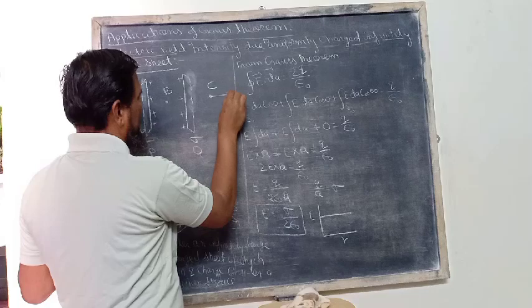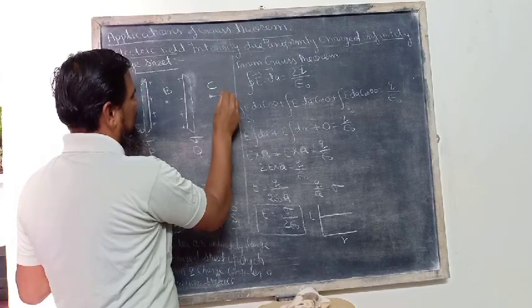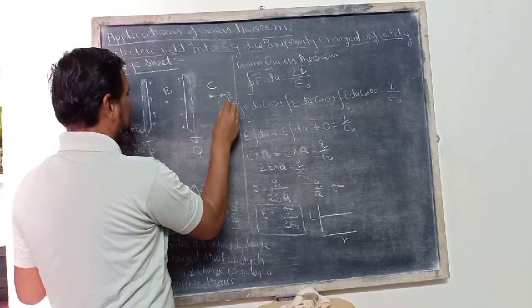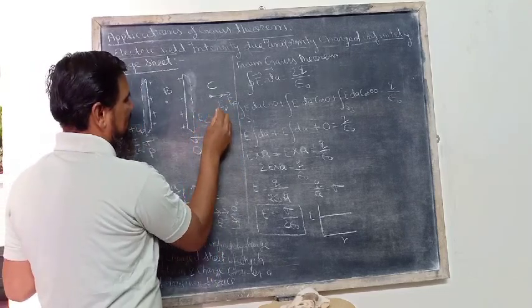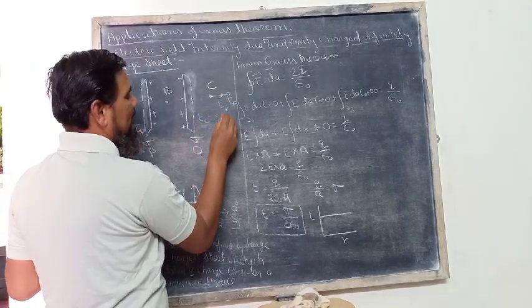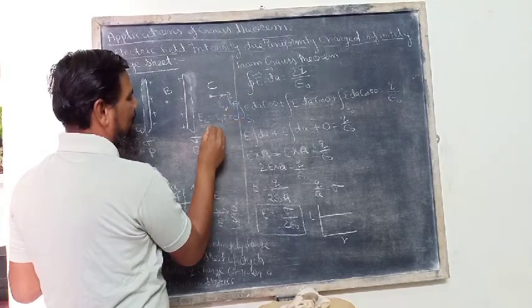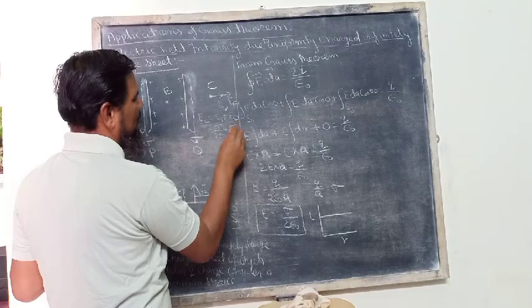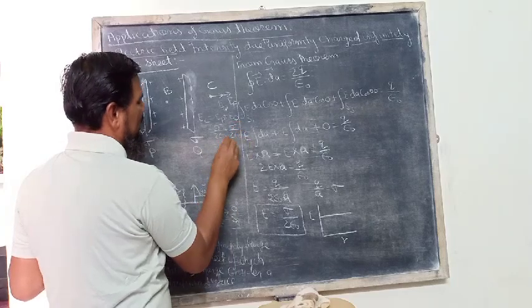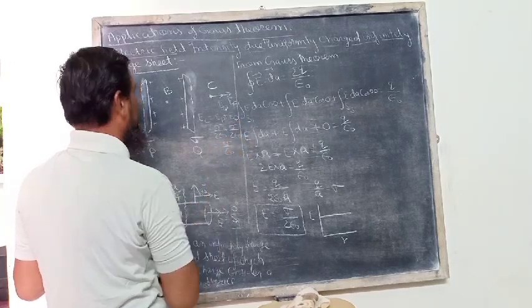Similarly, at this point, the directions of EP and EQ are also the same, and the magnitude is the same. So EC is equal to EP plus EQ, sigma upon 2 epsilon naught plus sigma upon 2 epsilon naught, means sigma upon epsilon naught.